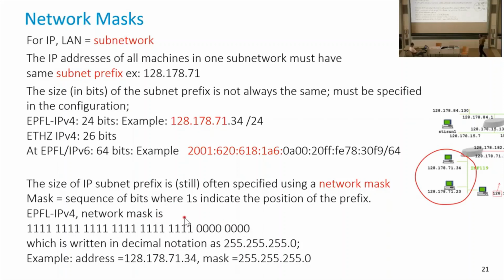So instead of saying that the prefix is 24 bits, you will say the mask is 255 3 times .0 here, which is a very cumbersome way, a hacker's way, if you want, of saying 24, because if you write this in binary, you obtain this. Right? You obtain a long string of ones. 255 is a word of 8 bits equal to 1. So 3 times 8 bits equal to 1 gives 24.